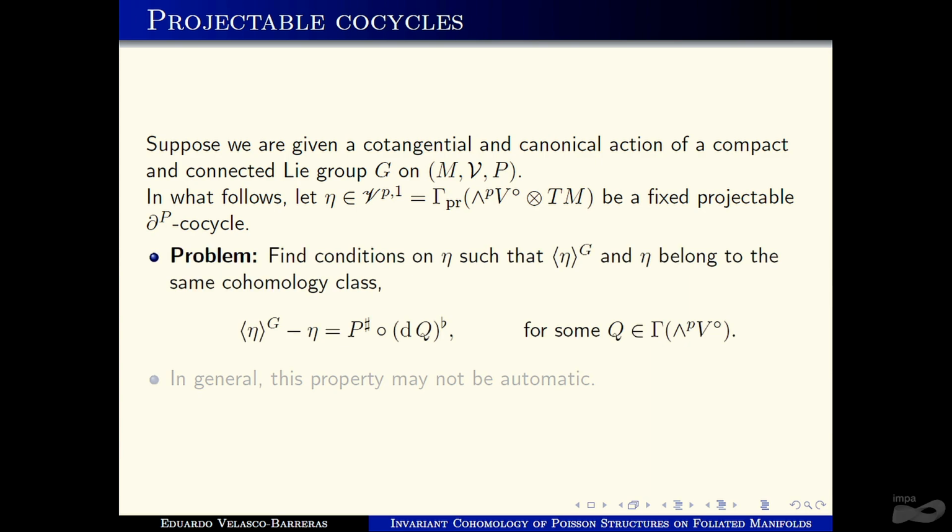And the problem now is to find conditions on the cocycle such that the difference between the cocycle and the G average is of this form, so that both elements belong to the same cohomology class. This is the problem now. And as I mentioned before, for cocycles induced by Poisson connections, this property always holds, but in general it will not be automatic.